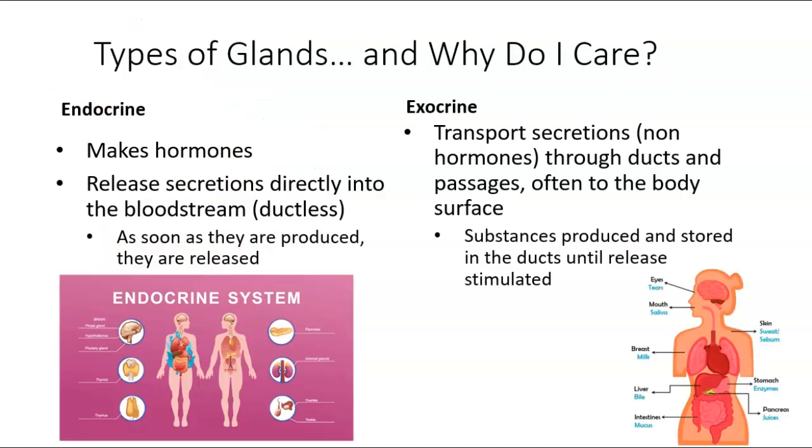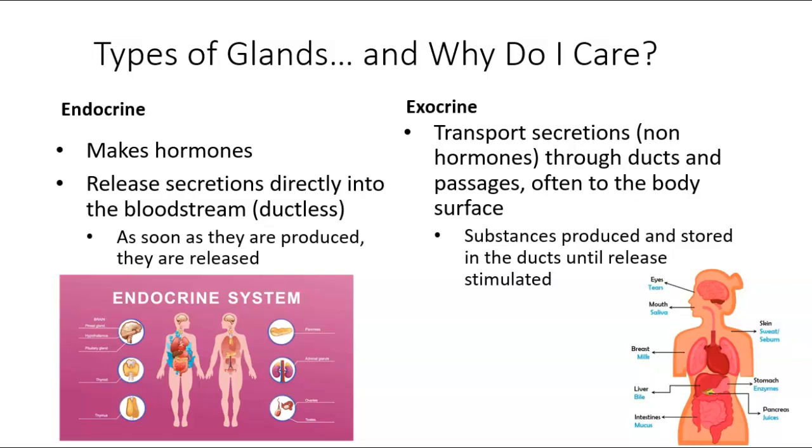So here we'll go to the next slide where we look at the different types of glands, endocrine versus exocrine, and honestly, why should we care? There are definite differences between the two. Exocrine usually has to deal with secretions, especially to the epithelial surfaces through ducts and passages, okay?